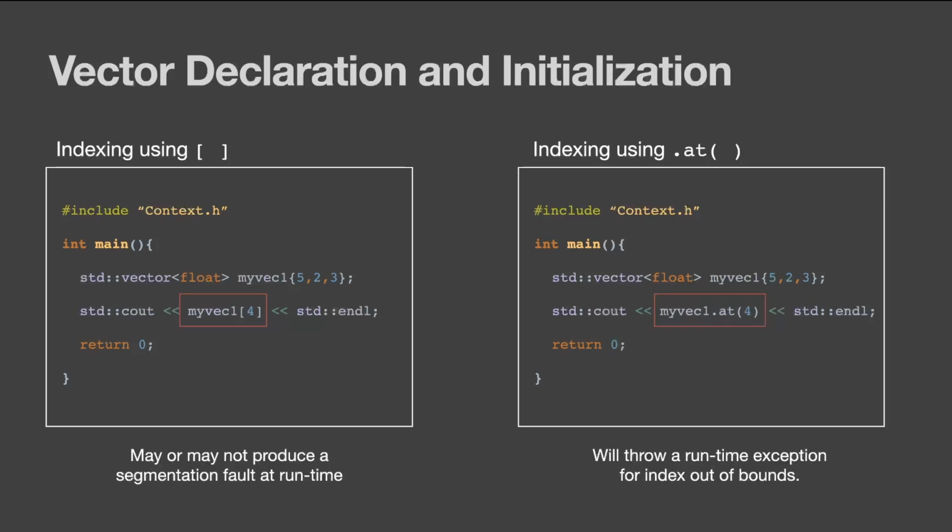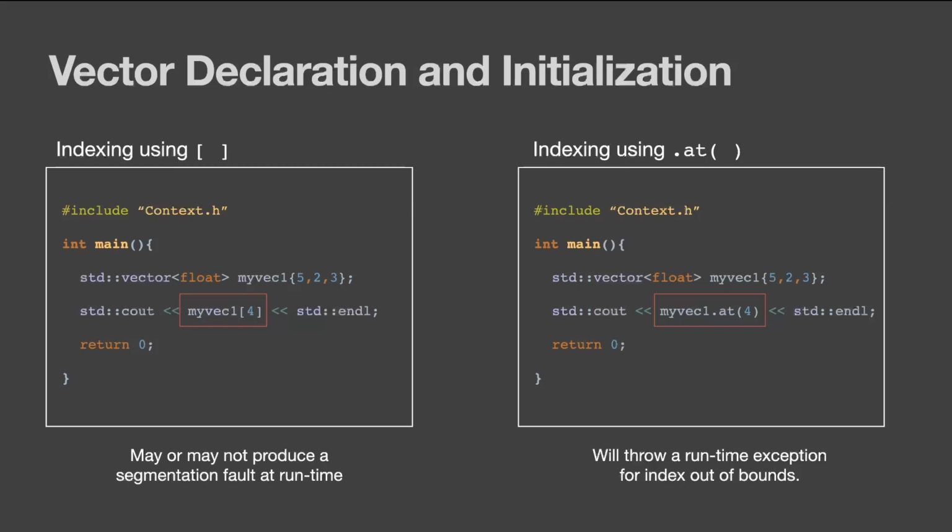However, if we were to index these at an index of 4, let's say, this is out of bounds. So this is not valid. Our vector is only of length 3. So we could index it at a maximum at an index value of 2. If we were to run this code, we would get different outcomes based on whether we're indexing with square brackets or whether we're indexing using this .at operator.